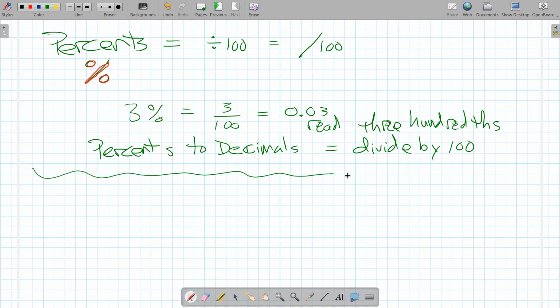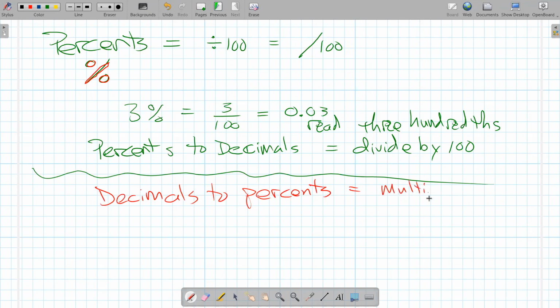To go the other way, decimals to percents, we just multiply the 100% back in. And before I do an example of that, I just want to look at the number 100% for a minute.